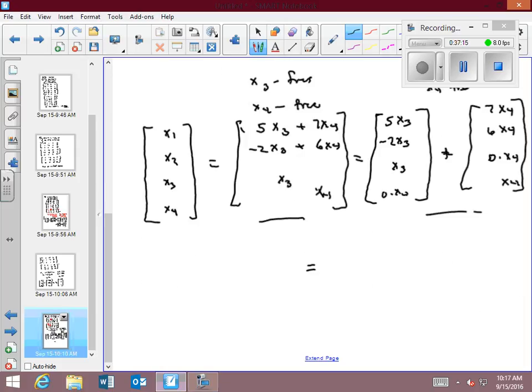So my weight x3 is 5, minus 2, 1, and 0, plus x4 weight 7, 6, 0, and 1.